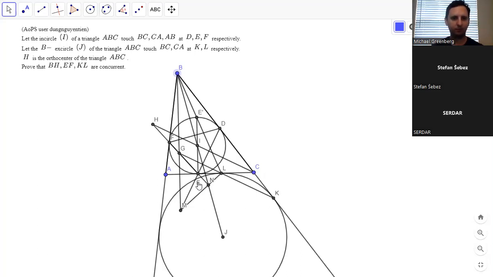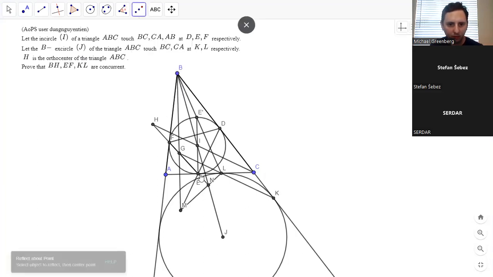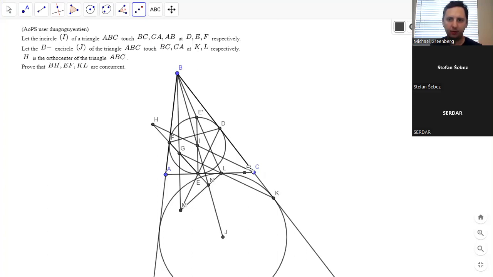Oh, I think I have a solution. Okay. So label the midpoint of EL. So that's the midpoint of AC, right? Yeah.